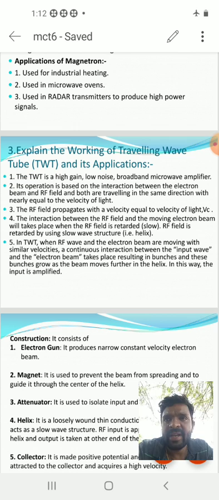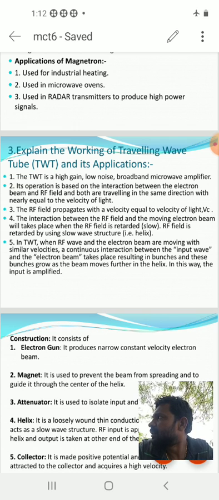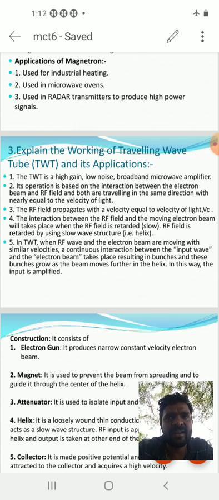That means whenever the RF signal moves and touches the electrons, energy is gained by the RF signal, and some of the electrons lose their energy. So the electrons have an up and down situation.